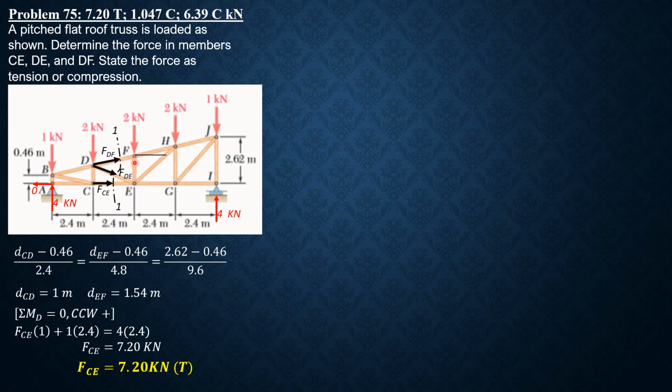So the vertical distance between D and F is 0.54. Horizontal is 2.4. So arctan of 0.54 over 2.4 would be equal to 12.68 degrees.